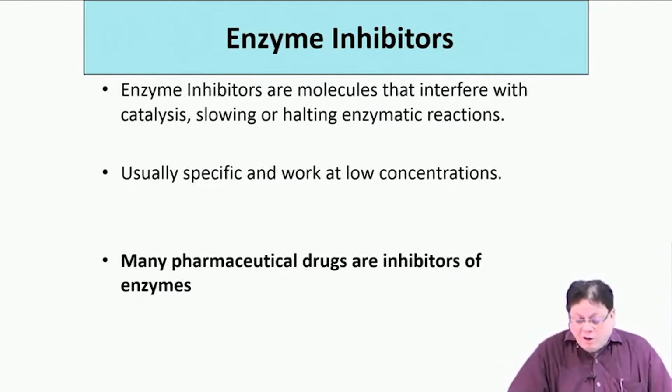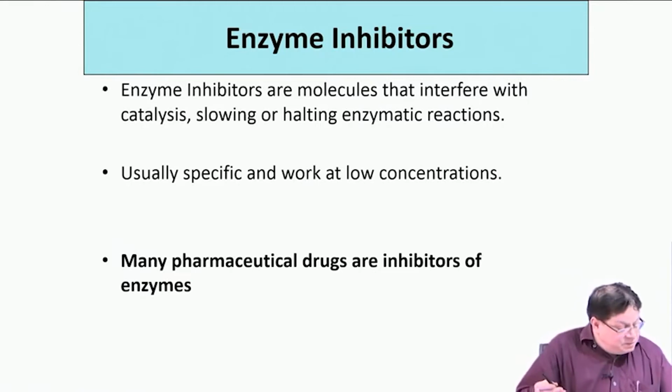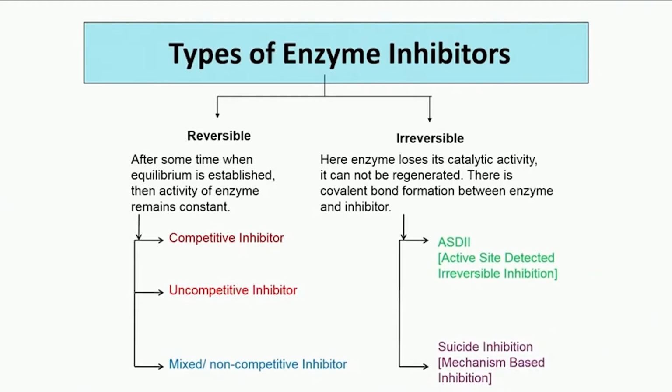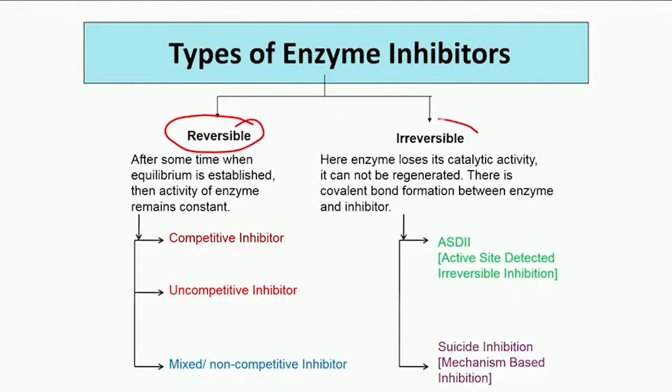Okay. Now, let us see how many types of inhibitions are possible. There are basically two types of inhibition possible. One is reversible, another is irreversible. The name suggests that if you add this enzyme inhibitor along with the substrate, whatever rate was obtained without the inhibitor will now be slowed down.